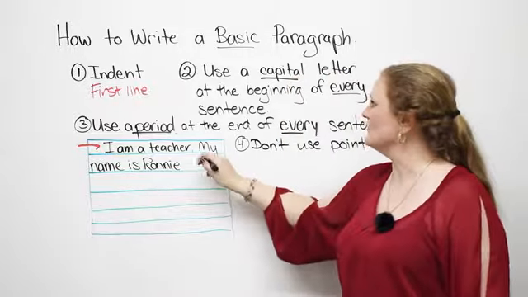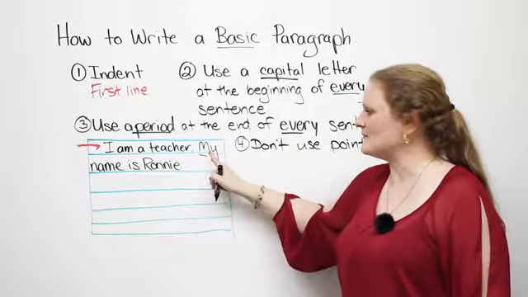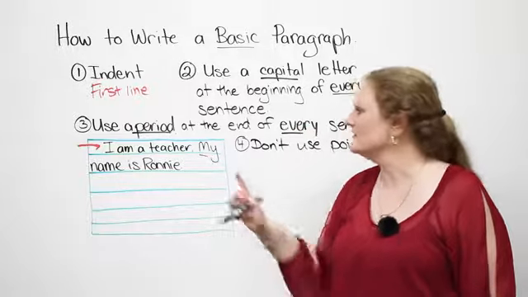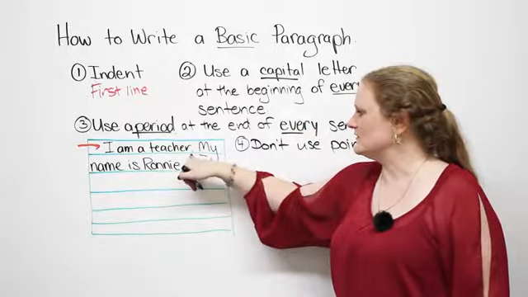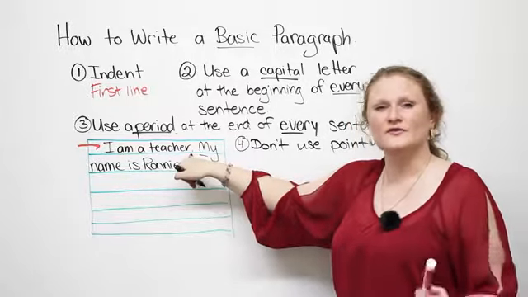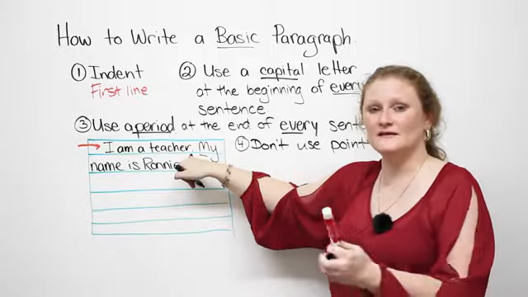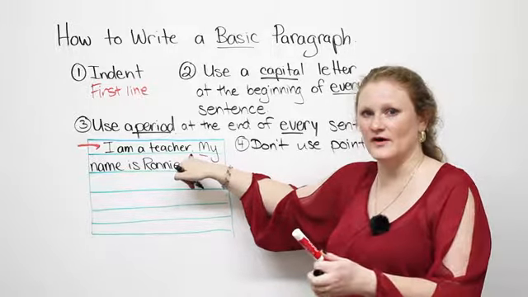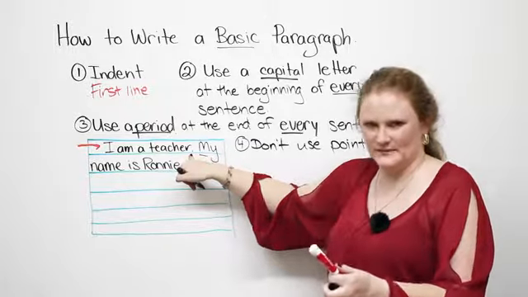Rule number 2, you have to use a capital letter at the beginning of every new sentence. Rule number 3, you're going to use a period at the end of each sentence so that the person reading your beautiful paragraph knows when to stop and take a break.